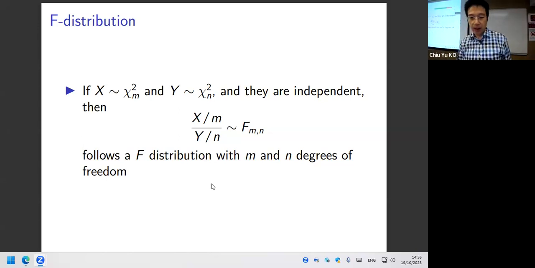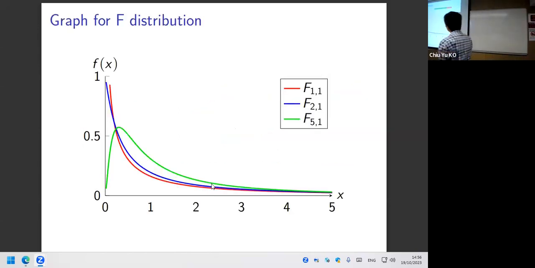Okay. And just to remind you that F actually has two numbers. Okay. So it looks like either an exponential or like a tail. And you don't need to worry about another shape. Okay. Because I can't remember anything, so I just draw it to let you know that there is some shape, to make sure that it sounds familiar.